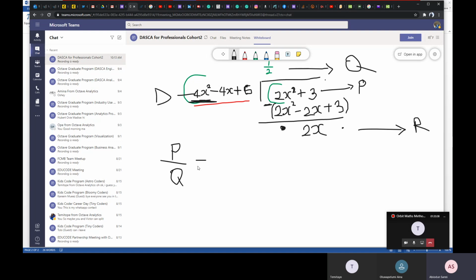So our P over D, polynomial divided by divisor, is now Q, which is the quotient, plus R over D, that's 2x over 4x squared minus 4x plus 6. I changed it to 6. Do you understand?